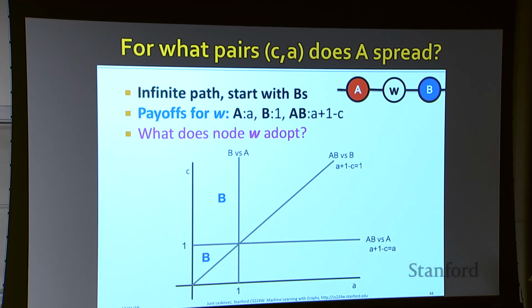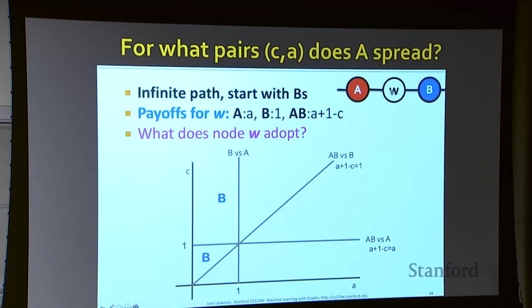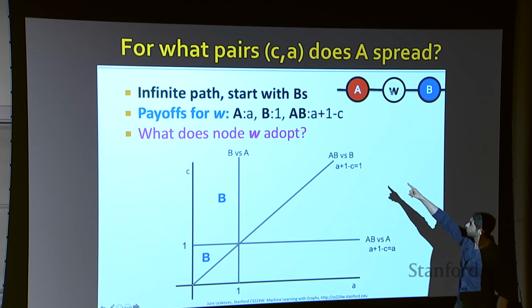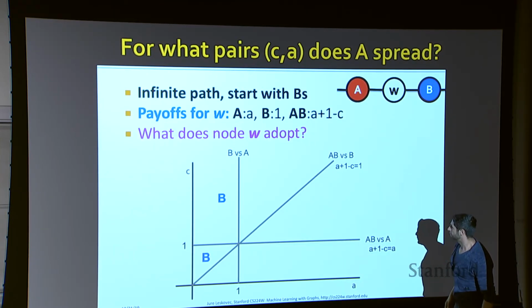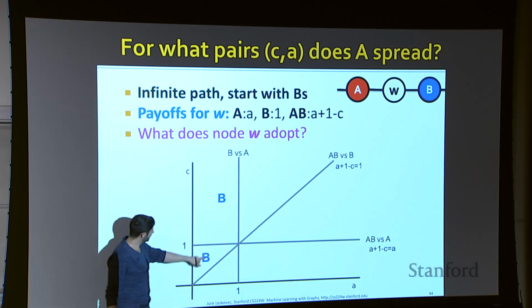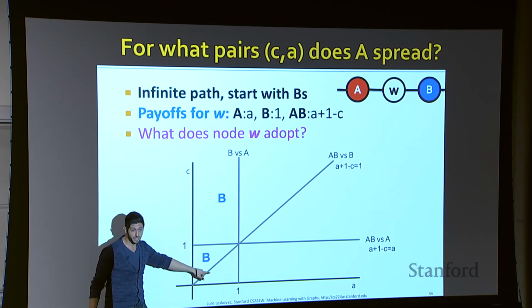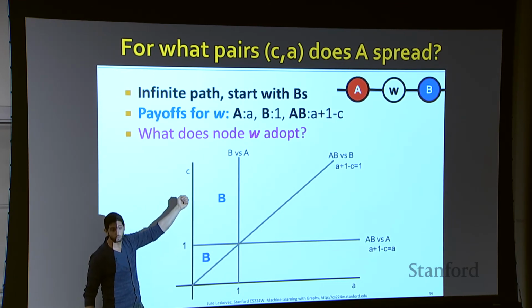Say this was AB, right? What would happen is that this would be our payoff: A plus 1 minus C. But here we are in the case where C is always larger than A, so that quantity will be less than 1 in the end, right?